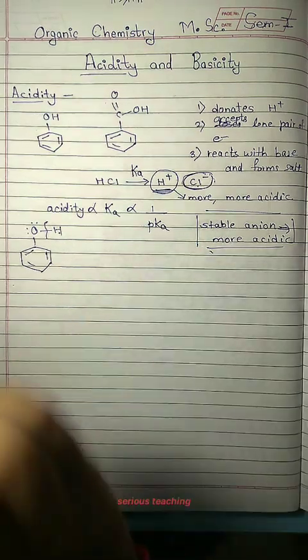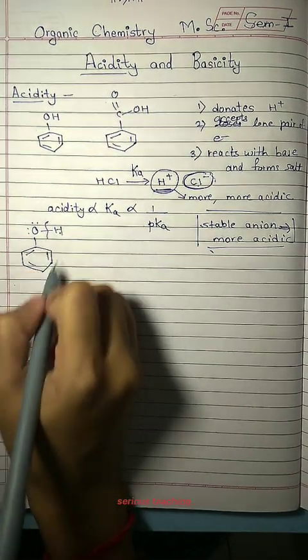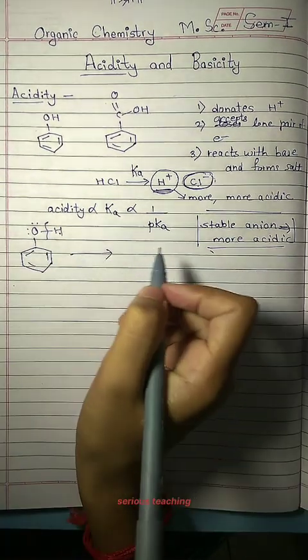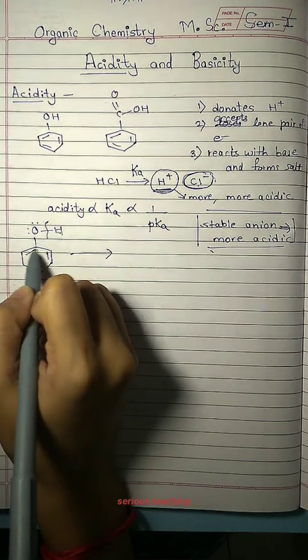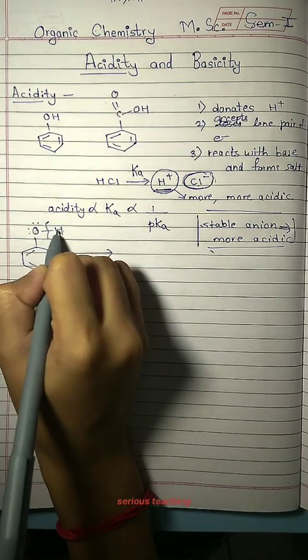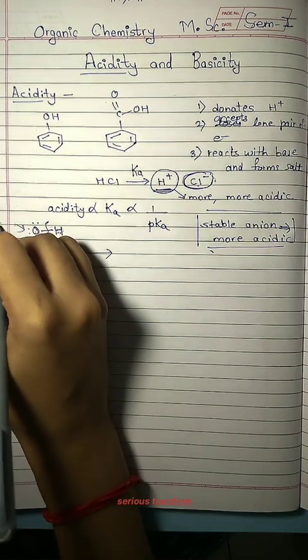Okay. Example is this. Suppose this is phenol. Whenever this compound is dissociating in solution, simply the weakest bond will break, and that bond is here, the OH bond, because this is an aromatic ring and here hydrogen is directly bonded to oxygen, and oxygen is more electronegative.